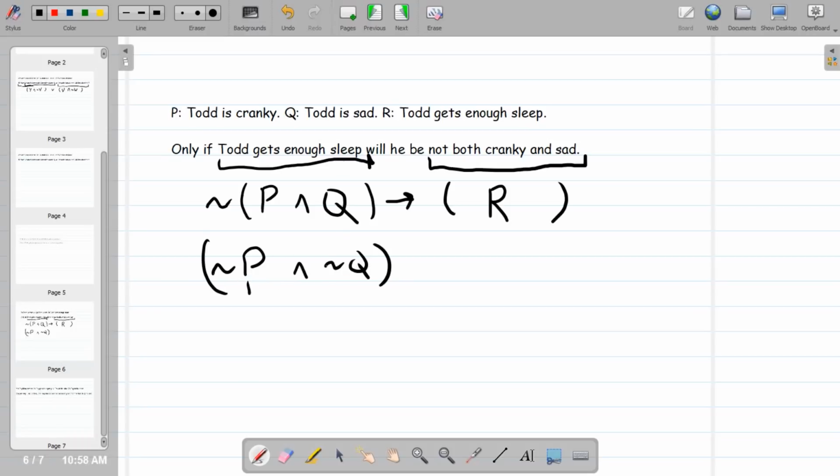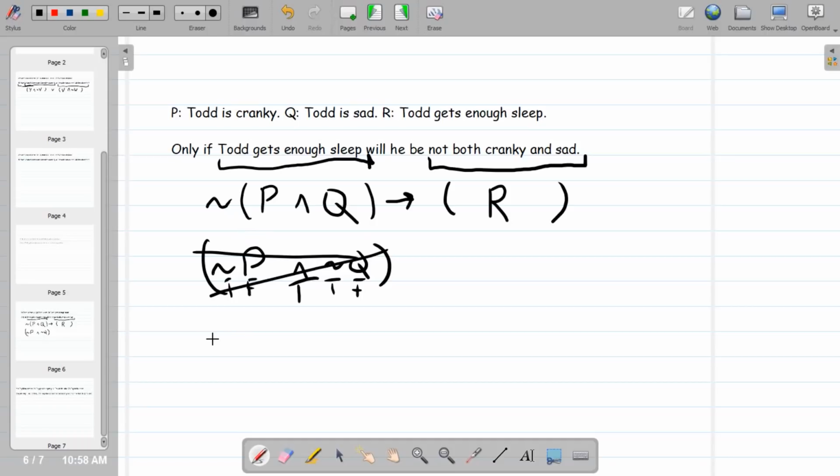But in our case, it's not the case that both P and Q are true. It's true just in case P is false or Q is false. So this is not the same.